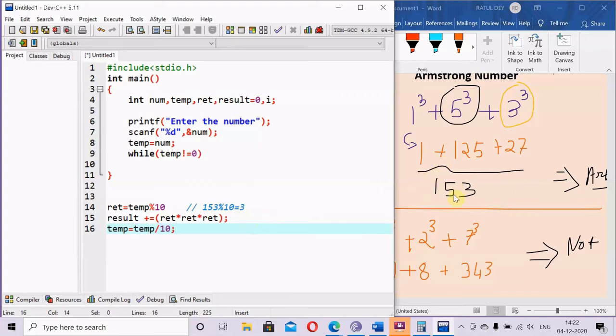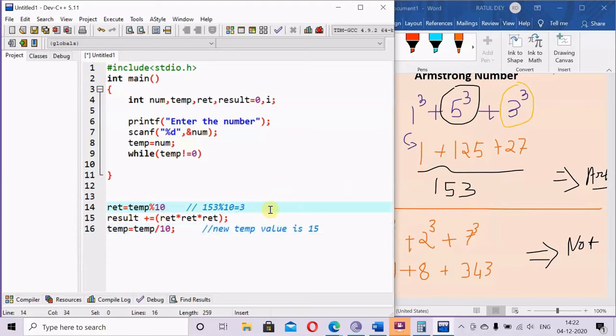What is 15? The 15 is the question value. So this is the new temp value. I am just writing here so you can remember that the new temp value is 15.